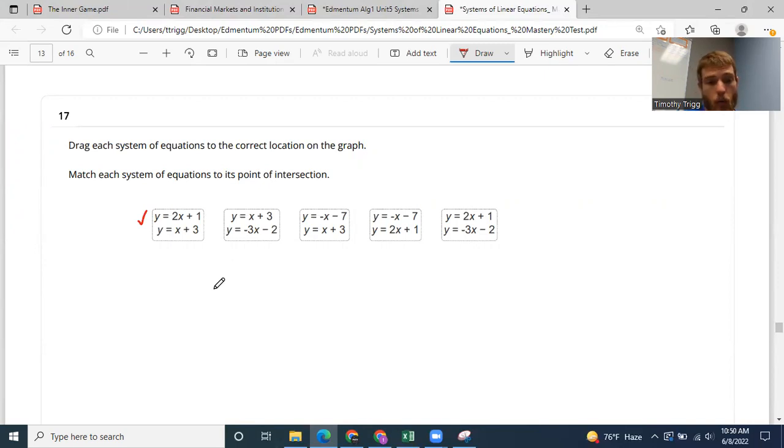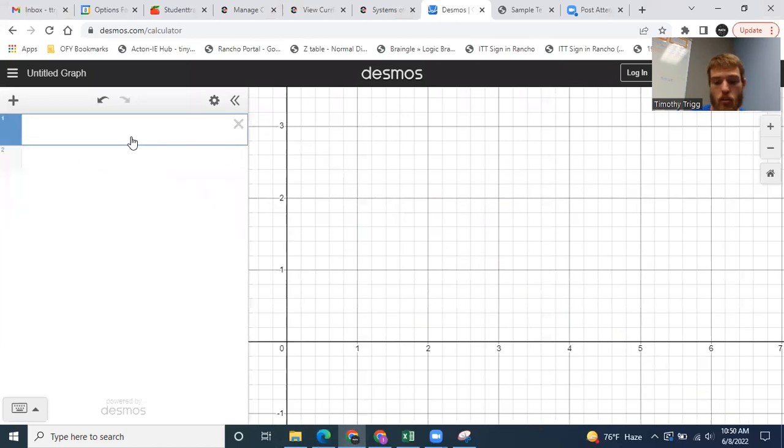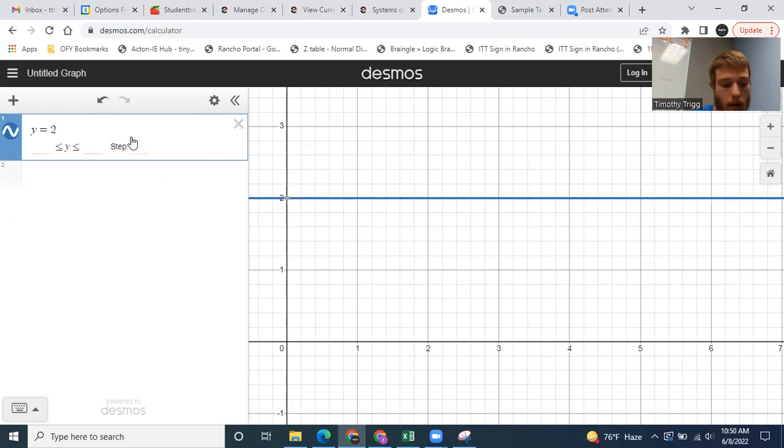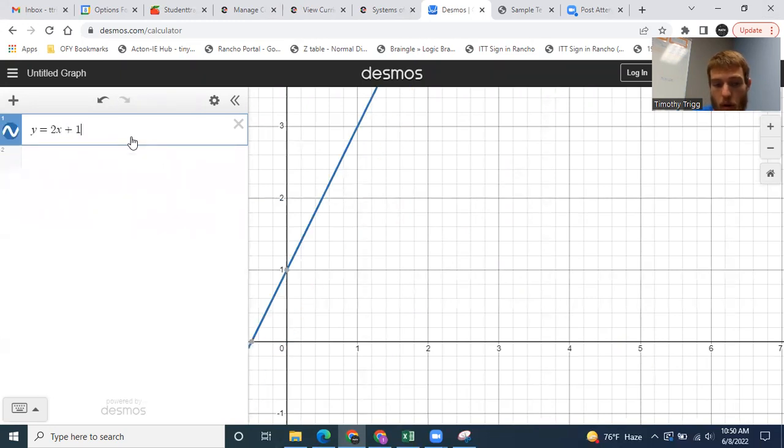So the first equation, y equals 2x plus 1, then y equals x plus 3. Just put those two equations, y equals 2x plus 1. Then the other equation, y equals x plus 3.